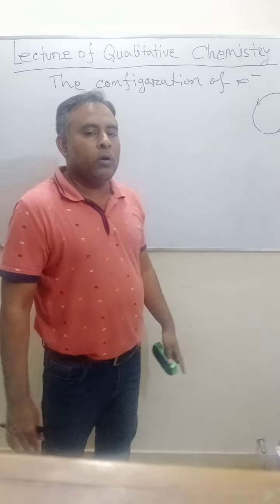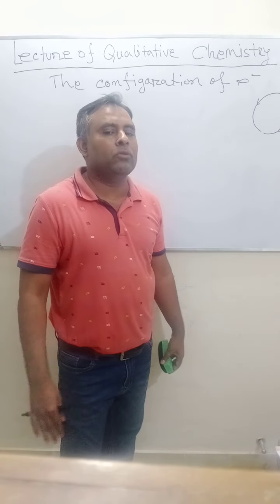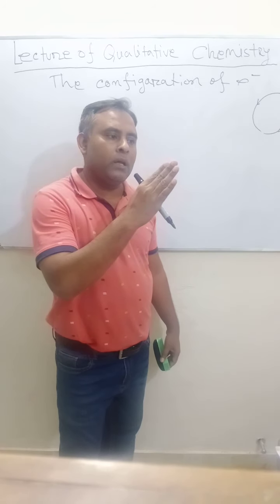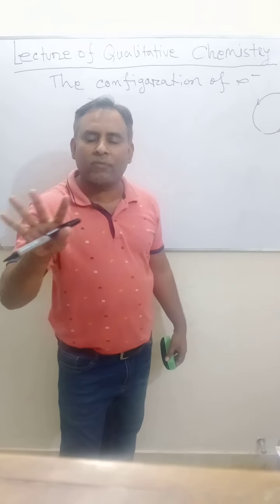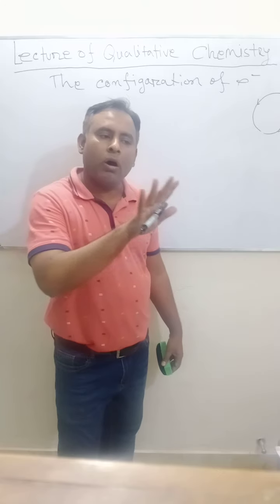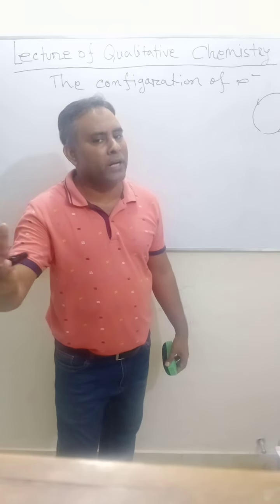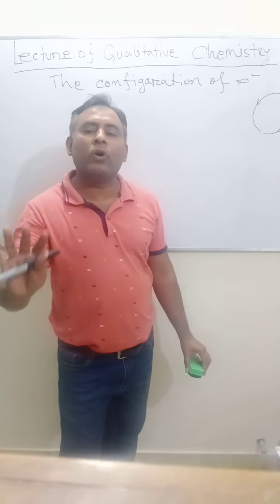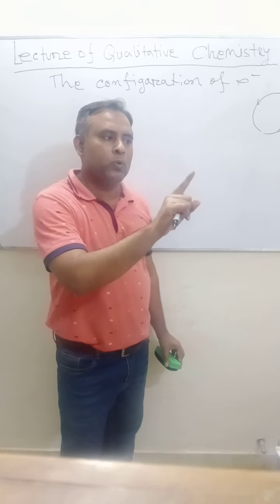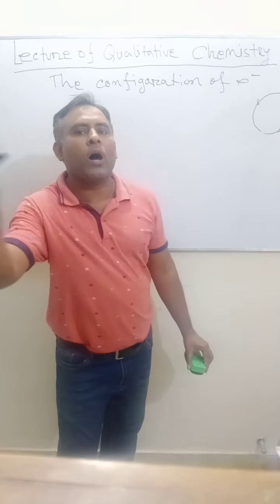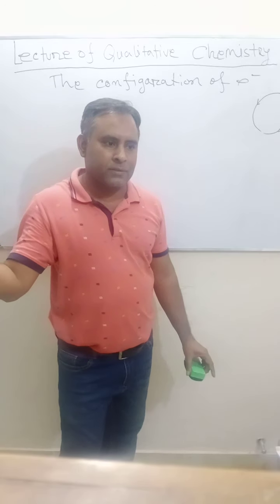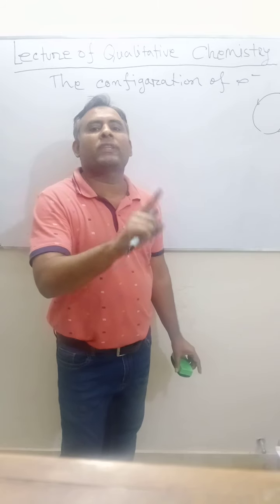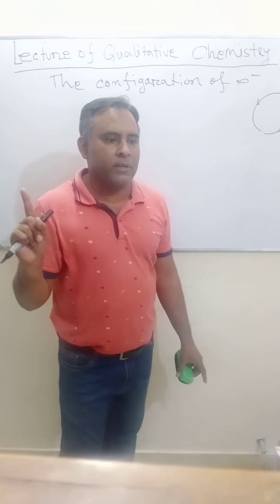So from Hund's rule, what we learned, when a subshell is oriented at different orbitals, all orbitals have the same energy. So during the electron configuration, according to Hund's rule, you have to fill one by one in every orbital, and you cannot put more than 2 electrons in any orbital. Clear?